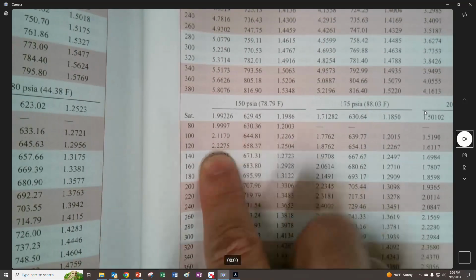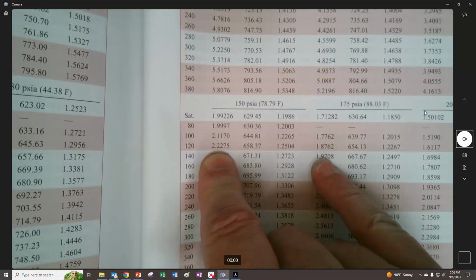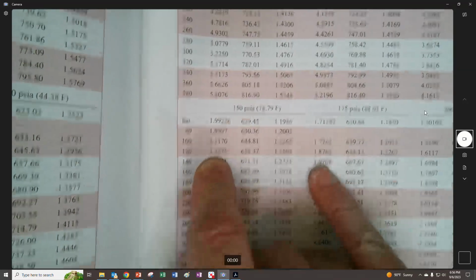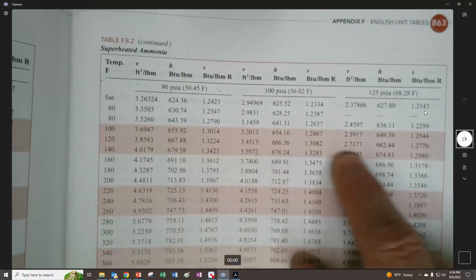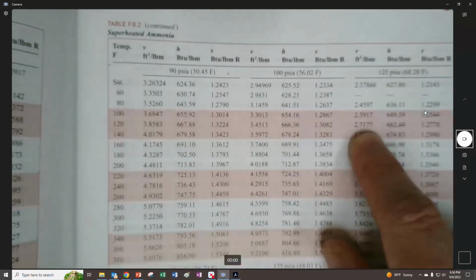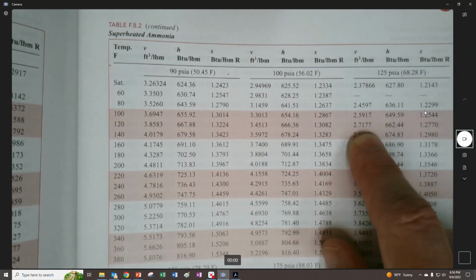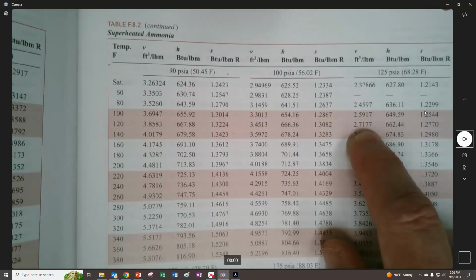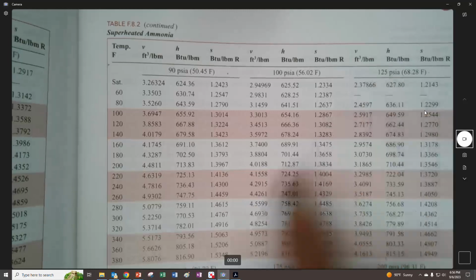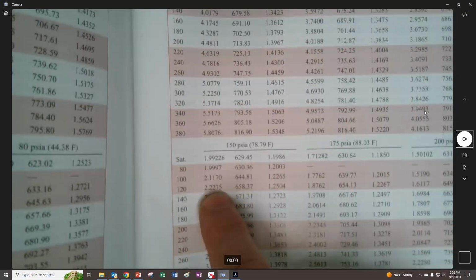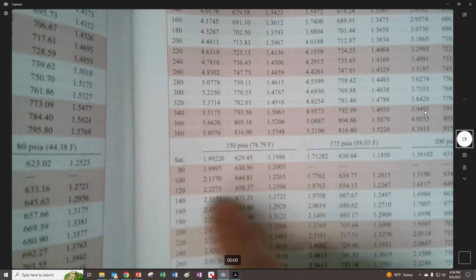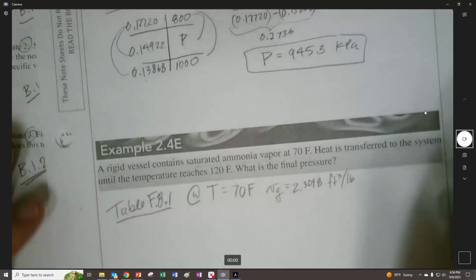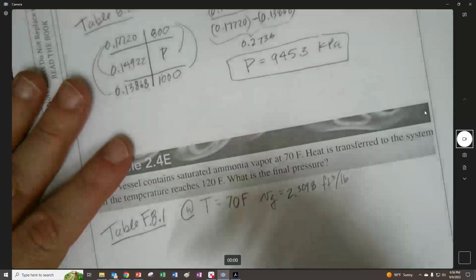So right there, and it's got to be less than that. So right here, 2.7 at 125, and 2.2275 at 150. All right. So that's the thing we want to try to do. So it's going to be somewhere between 125 and 150.